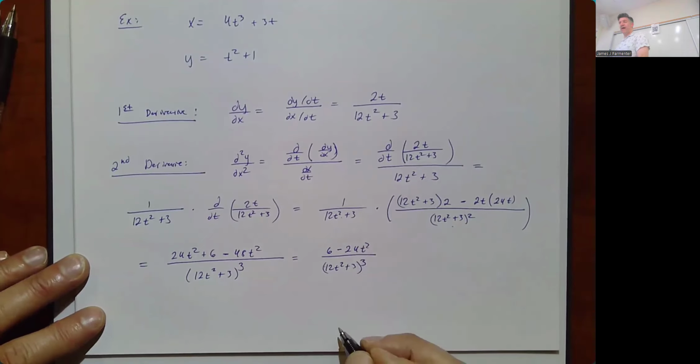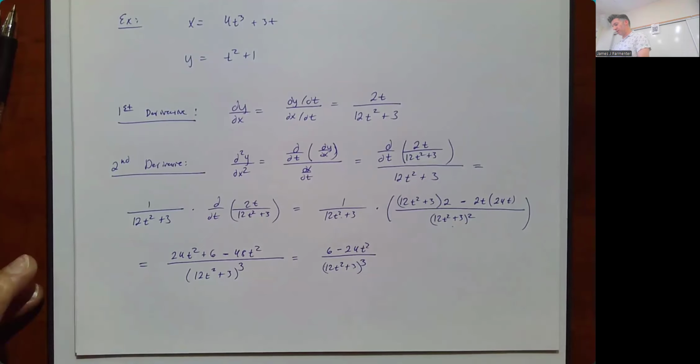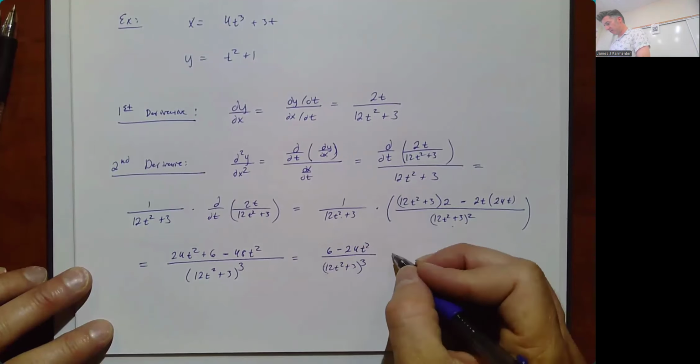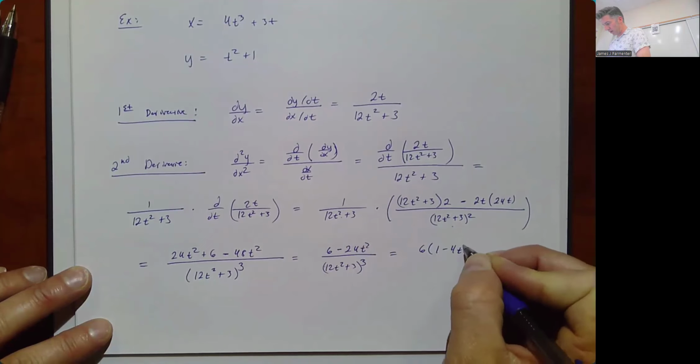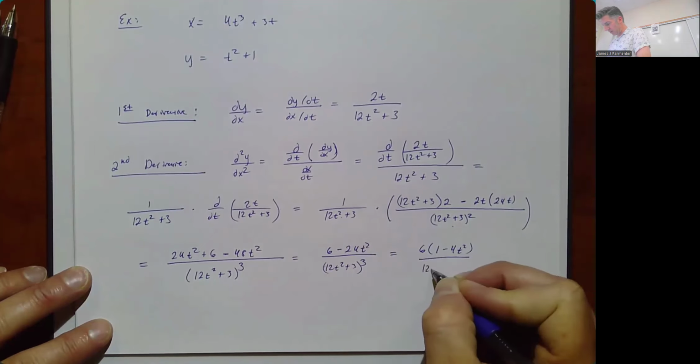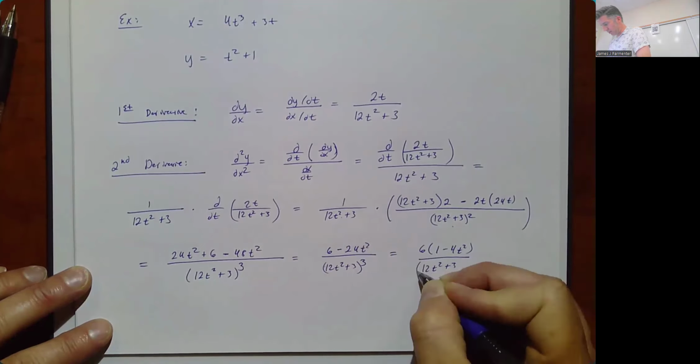And then I would factor a little bit because we're probably going to want to do something with this. So I'm going to factor out a 6 from the top and say I have 6 times 1 minus 4t squared all over 12t squared plus 3 cubed.